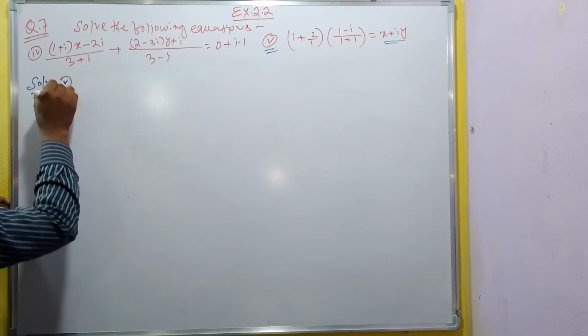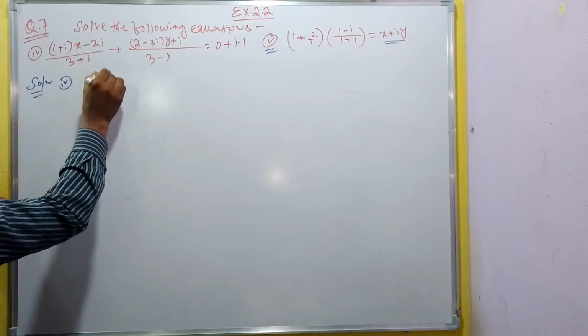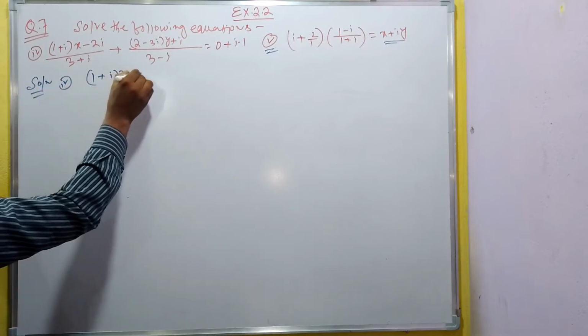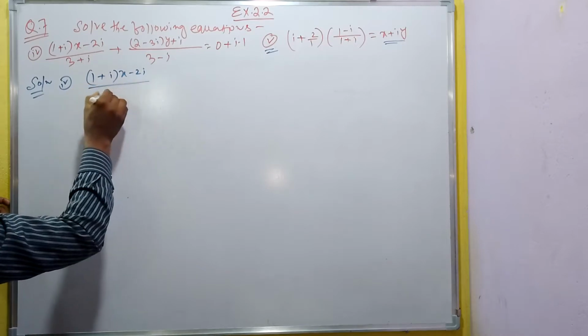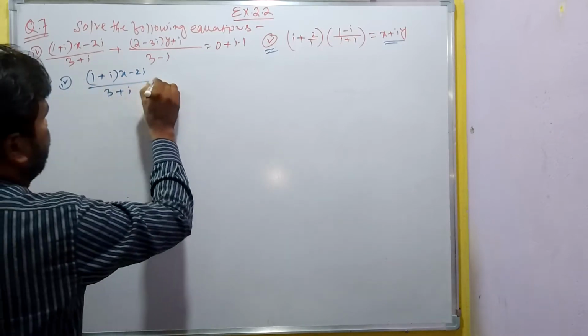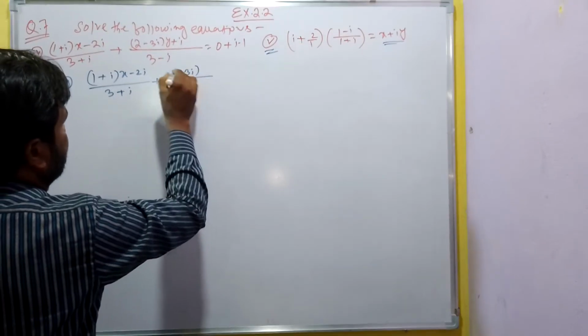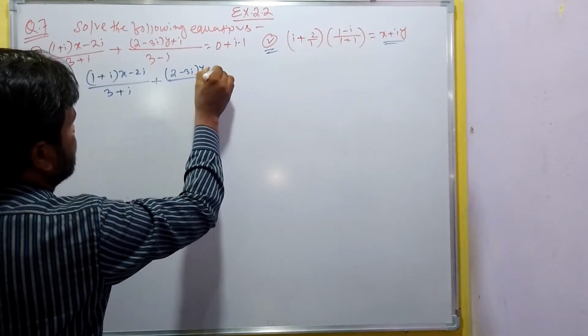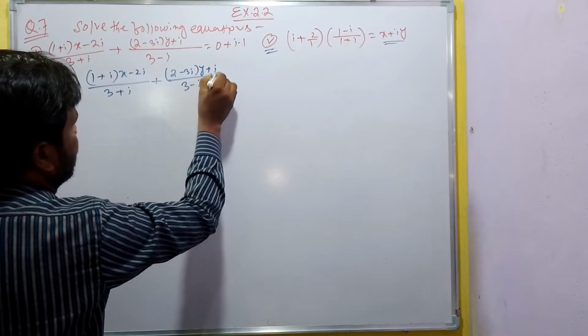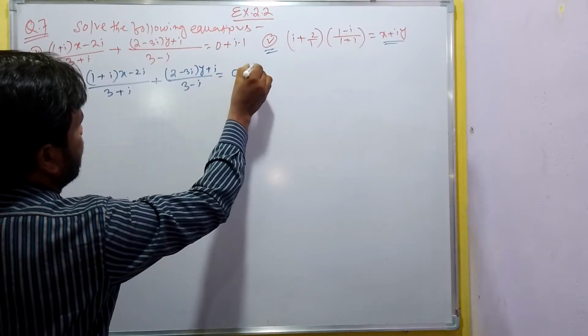Solution number 4. Okay, given that (1 + i)x − 2i over 3 + i, plus (2 − 3i)y + i over 3 − i, equals 0 + i·1.